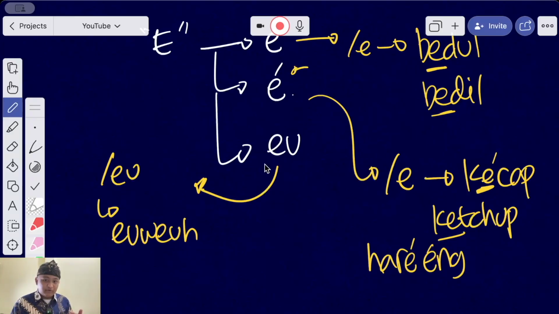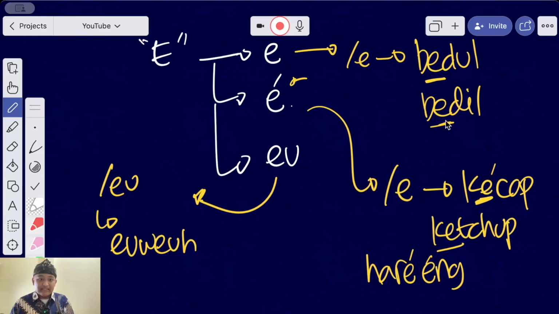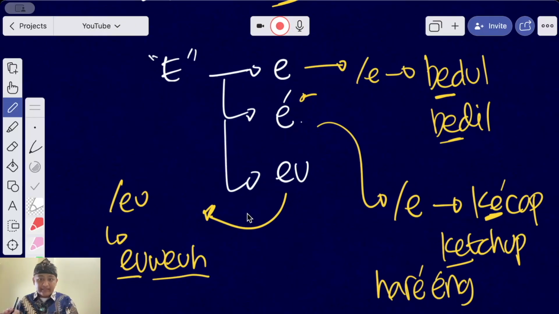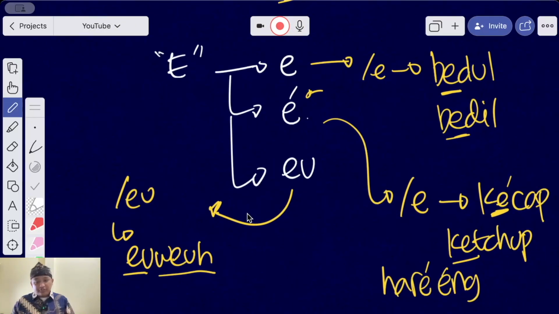So if you see the word enu, eu, this is like a compressed E. So Sundanese uses the same Latin letters, and the E sound in Sundanese has three variants. You can also say that Sundanese has seven vowel letters: a, i, u, e, o, and so on.